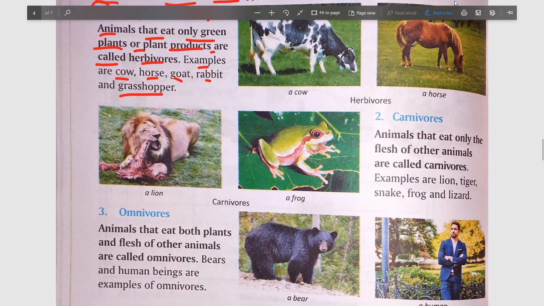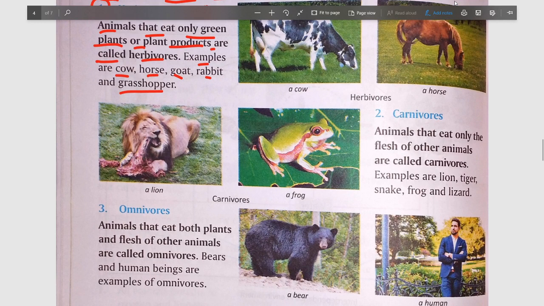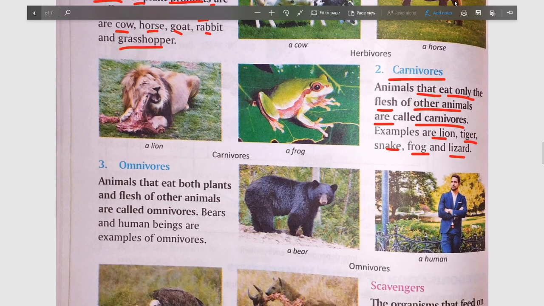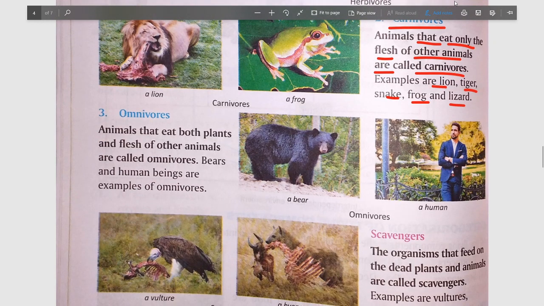But carnivorous animals are those animals who eat only the flesh of other animals, like lion, tiger, snake, frog, and lizard. So these are carnivorous.